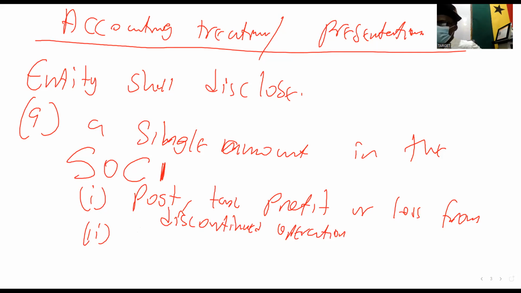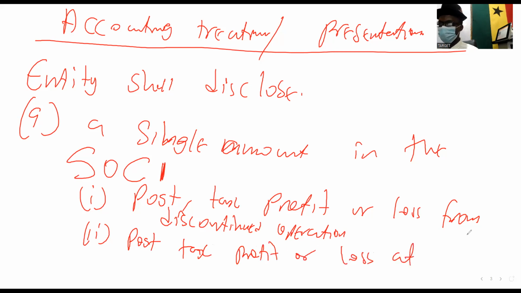So here, post-tax profit or loss, or gain or loss after disposal. So these are the two that you put together and you get the total. I'm done. Let's go to the balance sheet.